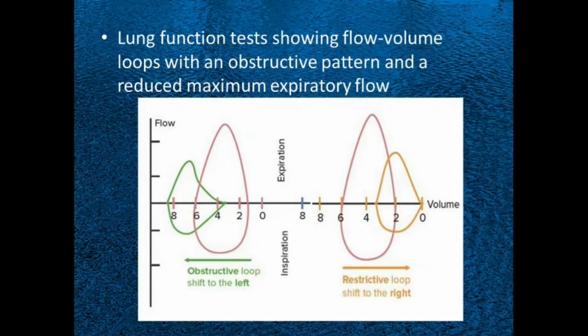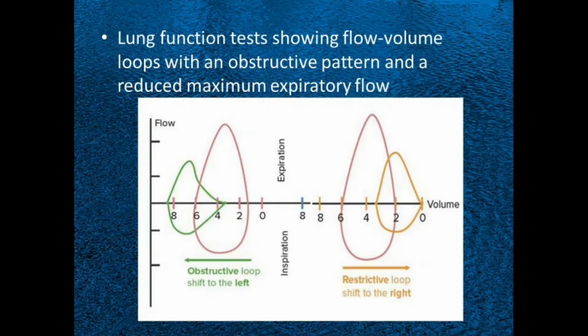This is a graphical representation of a lung function test showing flow volume loops with an obstructive pattern and a reduced maximum expiratory flow. So on the left hand side of the graph is a patient with obstructive lung disease such as asthma or chronic bronchitis or emphysema, whereas on the right side it's a graph of a patient with restrictive lung disease such as interstitial lung disease.